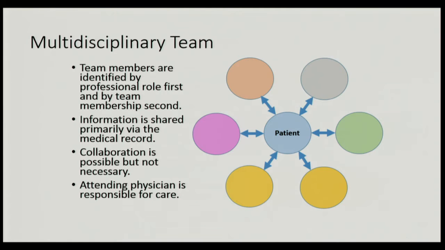So there's the multidisciplinary team approach, and what happens in that case is that all of the professions provide what they provide to the patient, and it's really up to the patient to figure out how it all fits together. One of the dangers with this, if you've ever been in this situation or have had a loved one in this situation, is that the right hand doesn't know what the left is doing, and people end up with a variety of different solutions to the same problem from different providers.